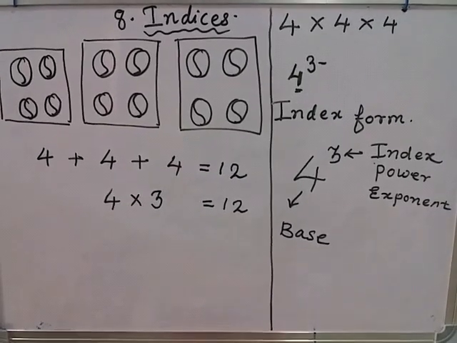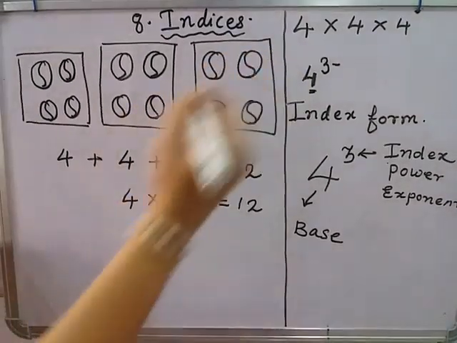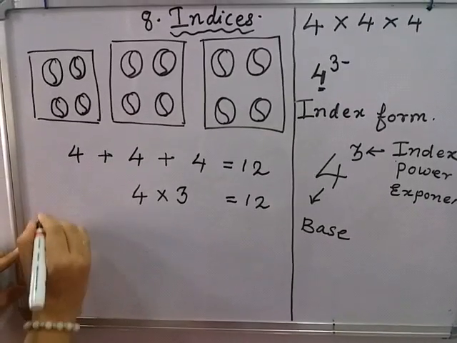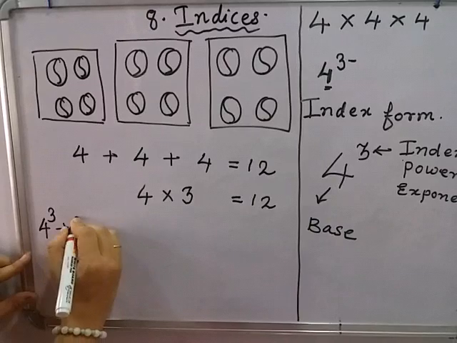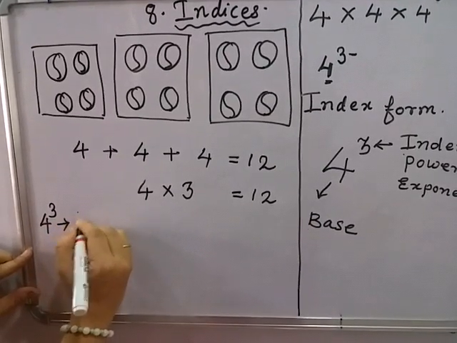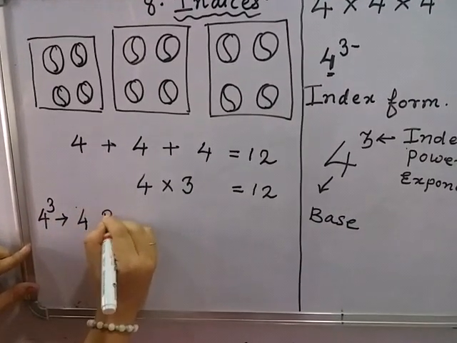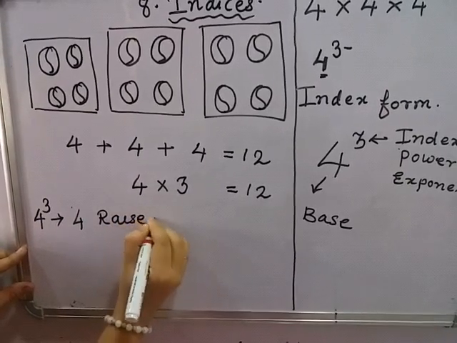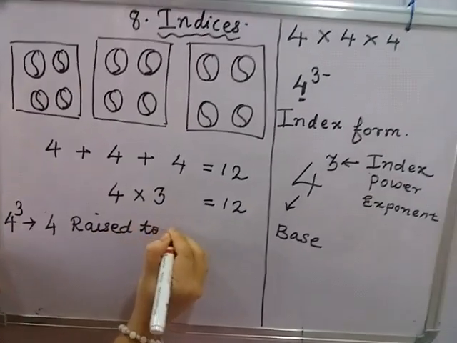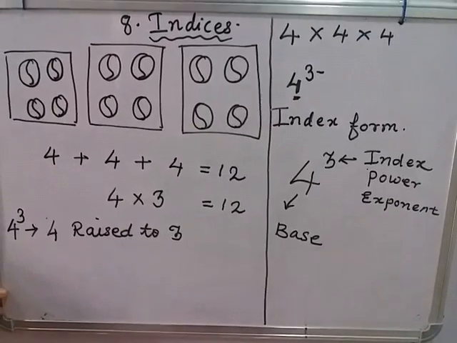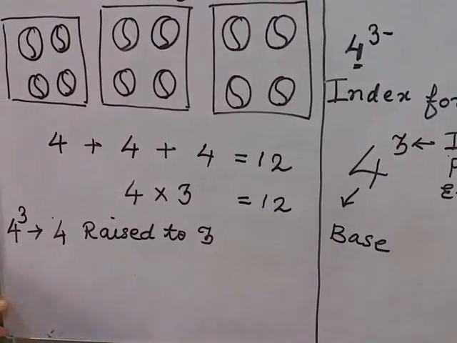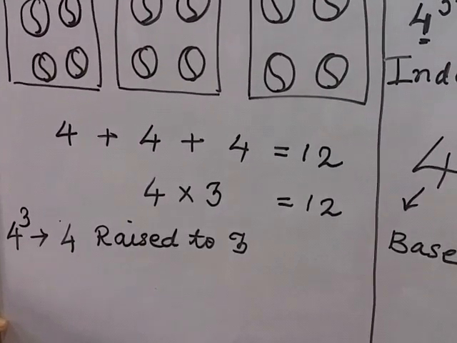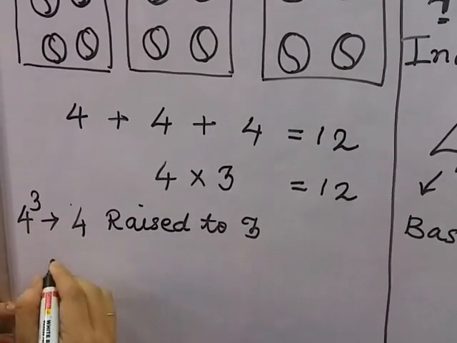Now let's see how to read the number. Let's take the same example, 4 raised to 3. So when you are going to read the number, how to read this number? 4 raised to 3. I hope you understand how to read the number 4 raised to 3. Okay. There is one more way to read this number.